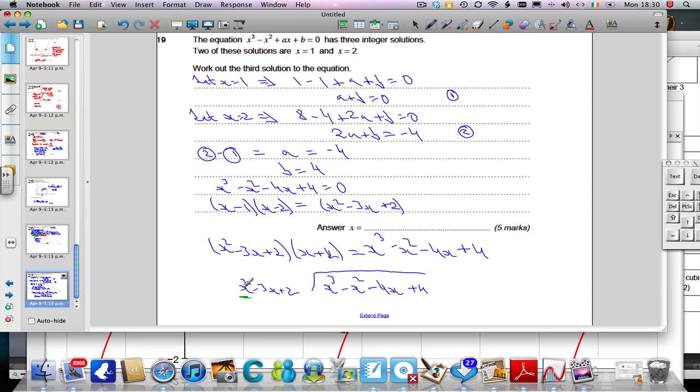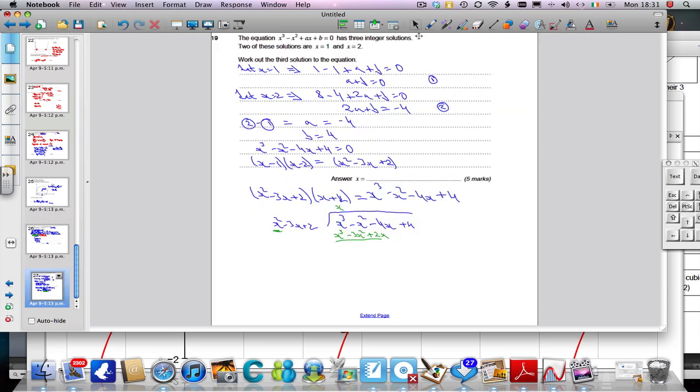So x cubed divided by x squared gives me x. So x times all of this gives me x cubed, minus 3x squared, and 2x. Draw a line.